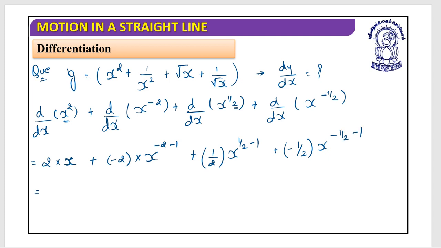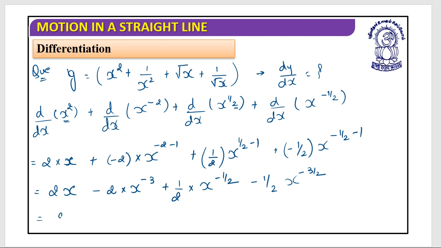So if things are like this, this is 2x minus 2 into x to the power minus 3 plus half into x to the power half minus 1, it's minus half, plus into minus is minus, 1 by 2 into x to the power minus 1 by 2 minus 1, that is minus 3 by 2.